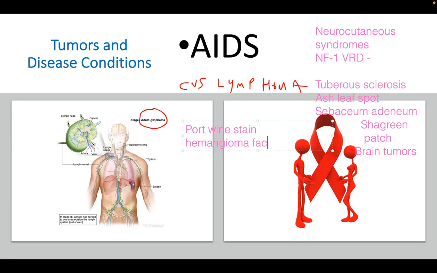You have a hemangioma on the face, which is known as a port wine stain, and they also have an association with brain tumors. Now, this is called what syndrome? Okay, this is known as Sturge-Weber syndrome. So please make sure you jot these things down. The neurocutaneous syndromes.